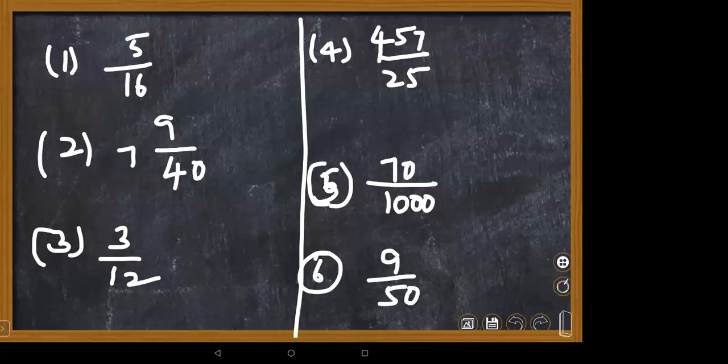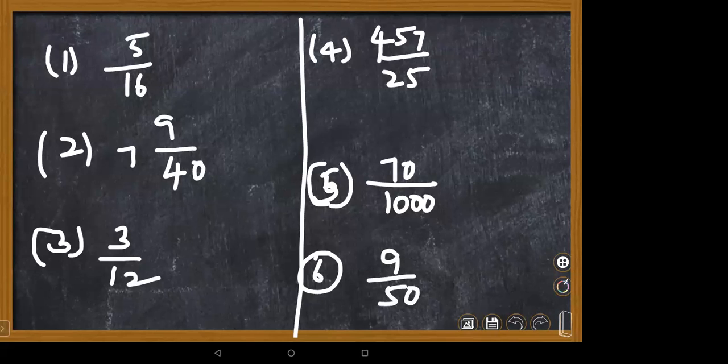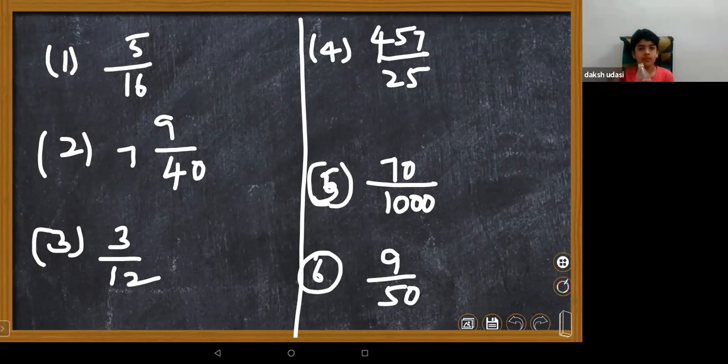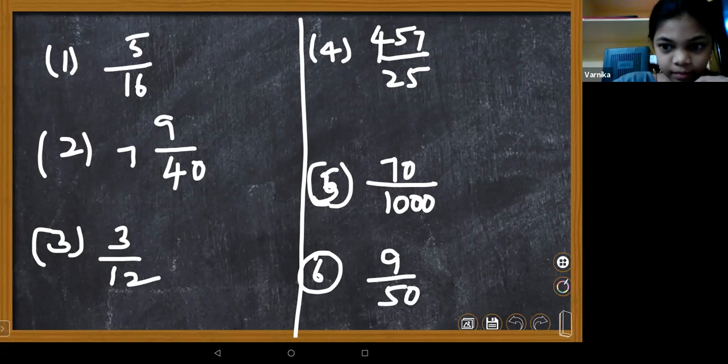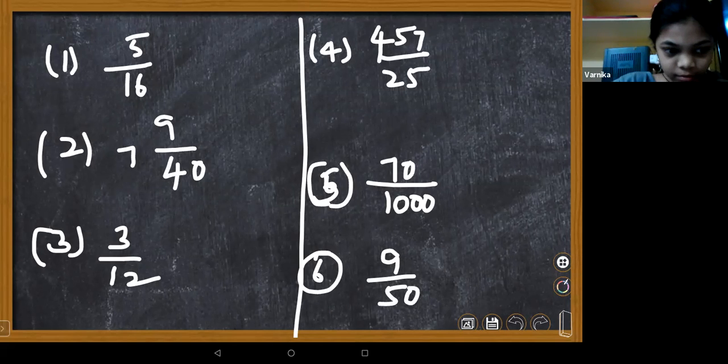Please say how many of you completed how many. Daksh, how many questions did you complete? 3. Good. Next, Varnika, how many questions did you complete? Ma'am, 3 completed. Very good.